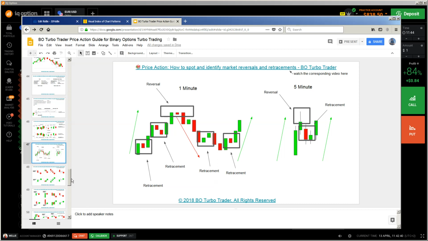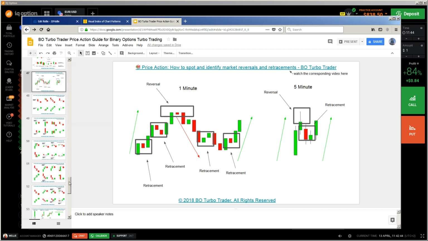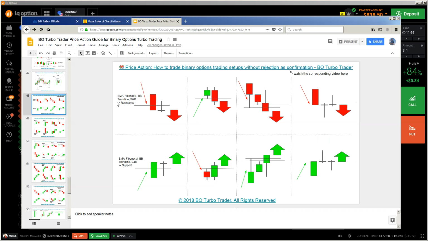Then we get to the trading setups, a few of which I have already explained in the last 20 videos. There are two types of trading setups. The first are the continuation trading setups, where the trend direction is the same as the direction of the trade. Then we have the reversal trading setups, where the trend is in the opposite direction of the trade.